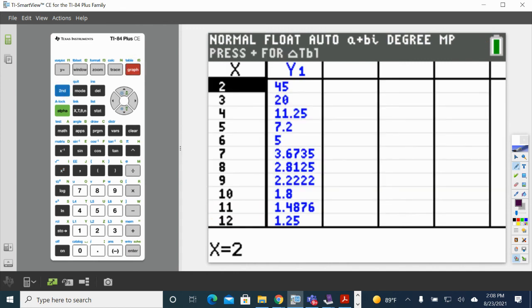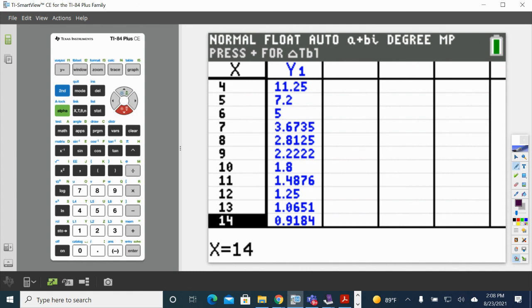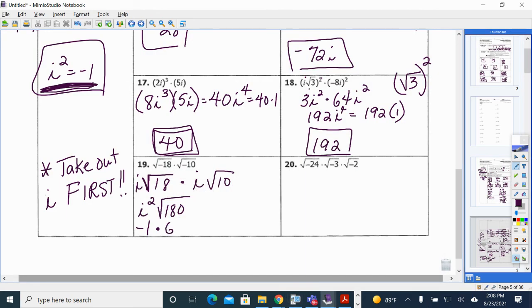The square root of 180 reduces to 6 square root of 5. And when you multiply negative 1 times 6, you get negative 6 times the square root of 5 for the answer there.